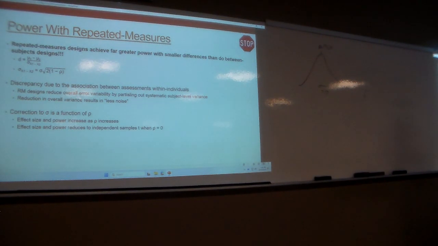And so the correction, the difference between my independent sample and my repeated measures sample, is a function of this correlation across my repeated assessments, okay? My effect size estimate that I use for my power calculations, and my corresponding power, is going to increase as rho increases, and that rho is the correlation between your two measures.